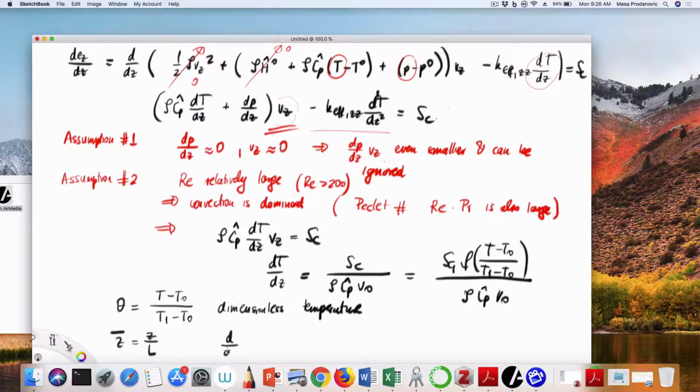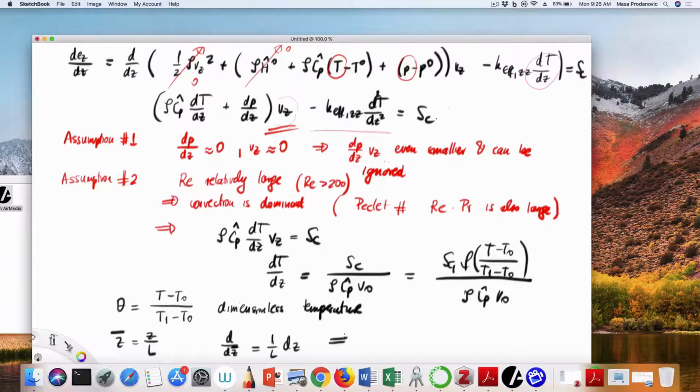So then d/dz is one over L d/dz tilde. And then you can basically go in and replace this.